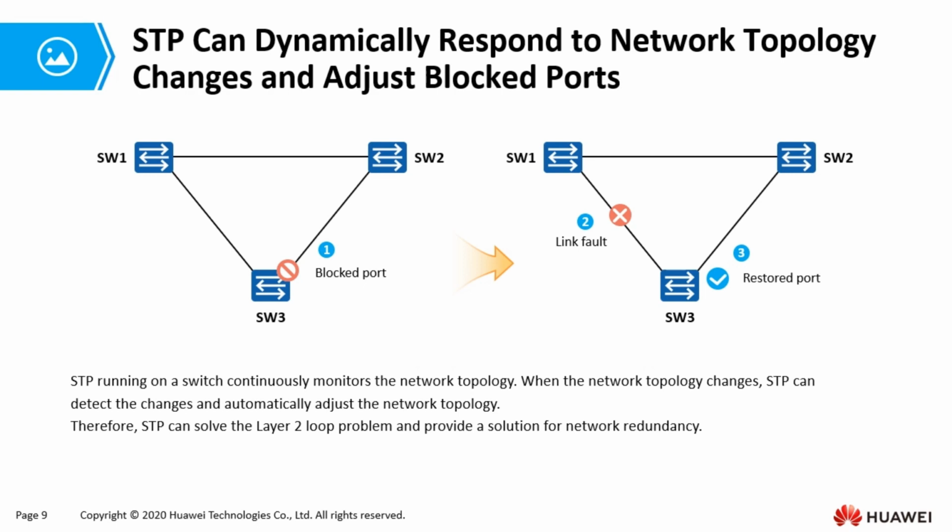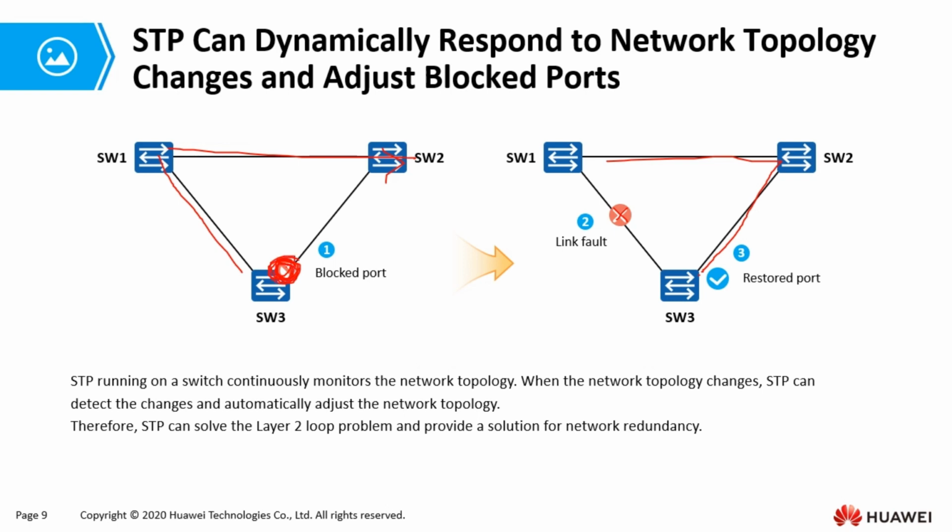For example, on switch 3, this port is blocked to prevent loops. So when the link between switch 1 and switch 3 goes down, what will happen? The port that was blocked just now will be unblocked and enter the forwarding state automatically, as long as it detects the failure. Normally you forward through here because this port is blocked.